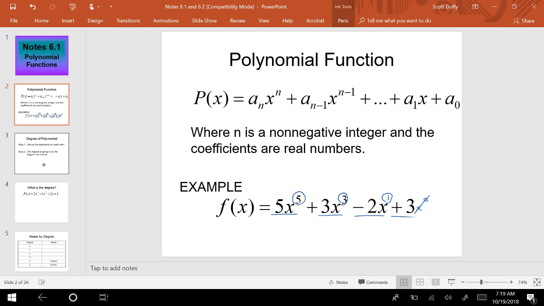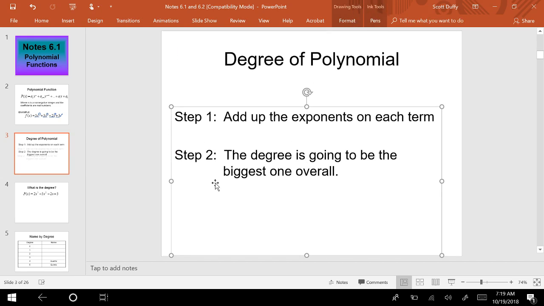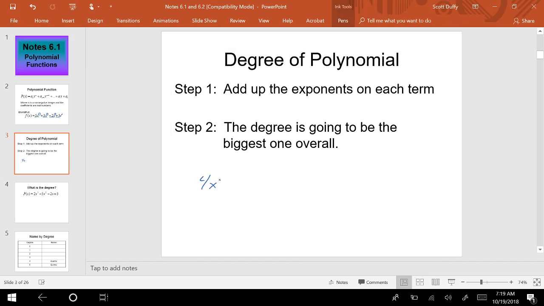If we're trying to find the degree of a polynomial, you add up the exponents on each term, and the degree is going to be the biggest overall exponent sum. So if we have something like 4x squared y to the third plus 3xy plus 2x squared, the exponents on the first term would be 2 and 3.